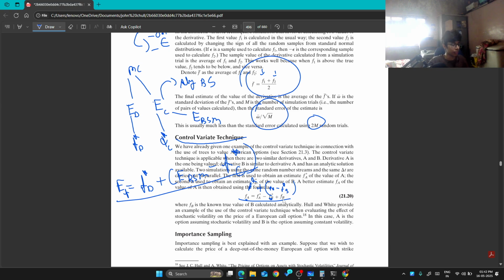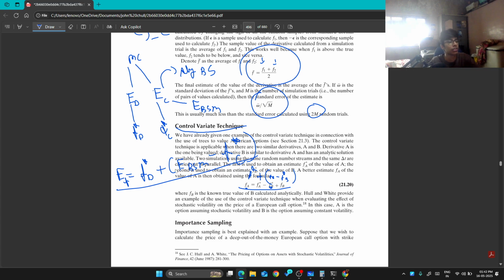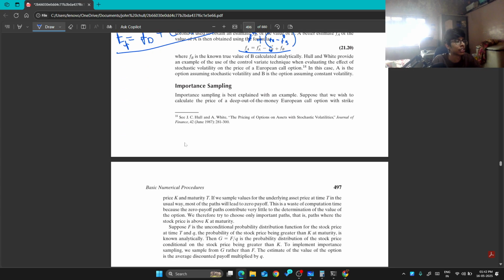And importance sampling. Importance sampling is a way, let's say we are pricing a deep out-of-money option. If we sample normally, the maximum payoff would be 0 because it is out of the money.